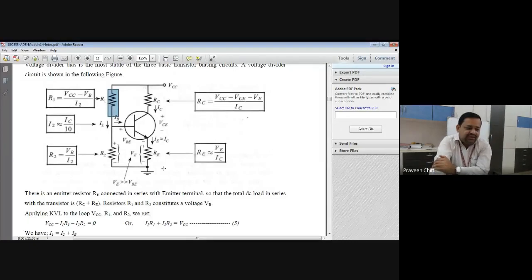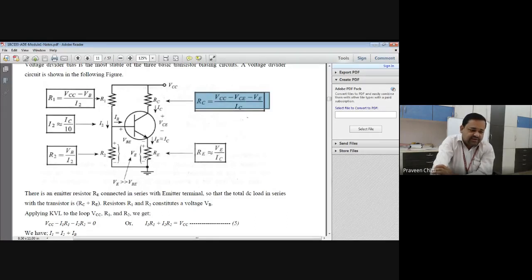Then by applying KVL to the output and approximating IE to be equal to IC, we can get this equation. If I apply KVL here, I can write the KVL equation as VCC equal to IC into RC plus VCE plus IE into RE. Now this voltage also comes into the picture. If I assume IC is almost equal to IE, then IE can be replaced by IC and we'll get this particular equation.